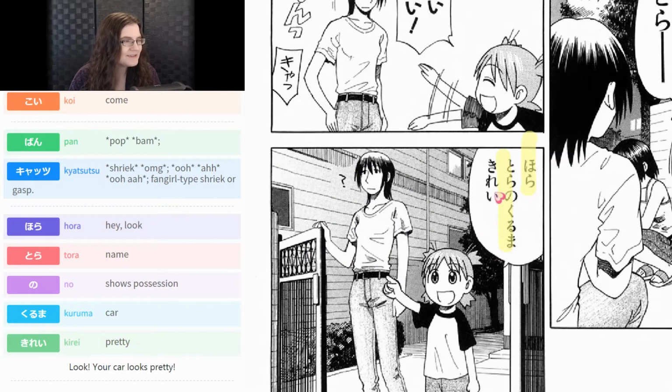Hora, Tora no kuruma kirei. So hora is hey, look. Tora is her. No makes that possessive of kuruma, which is car, and kirei is pretty. So it's like, hey, look, your car is so pretty. She's like, what? This can't end well.